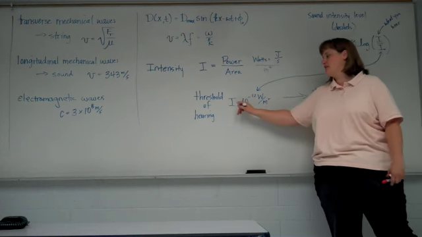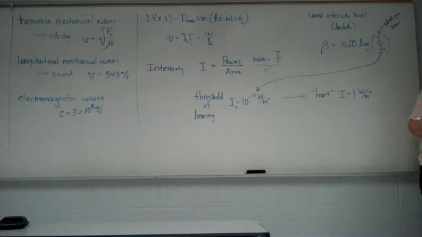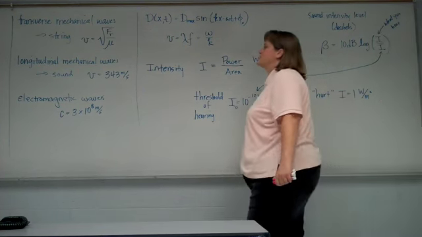The threshold of hearing is considered I naught. So you take your intensity in watts per meter squared of what you are hearing over the 10 to the negative 12, the intensity of the threshold of hearing. In your book, there's a little table that gives you some ideas of different decibel levels.